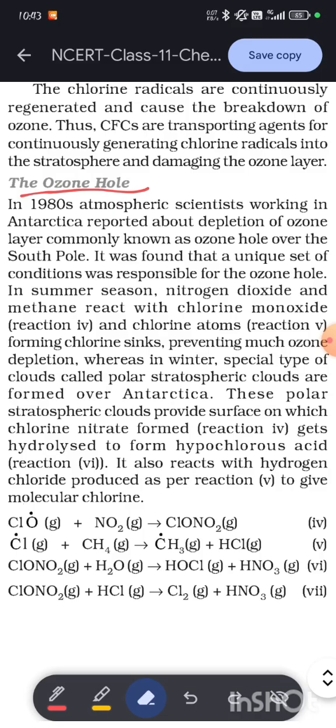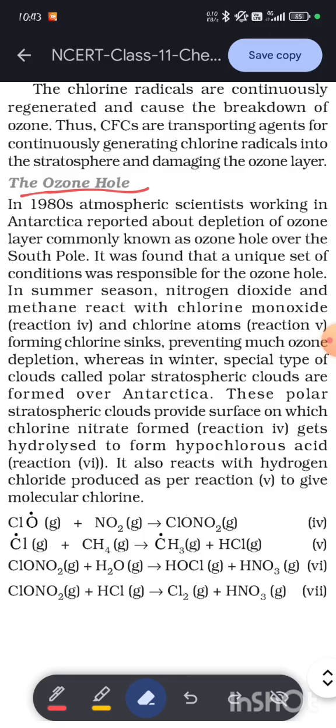These polar stratospheric clouds provide a surface on which chlorine nitrate formed gets hydrolyzed to form hypochlorous acid. It also reacts with hydrogen chloride produced as per the reaction to give molecular chlorine.